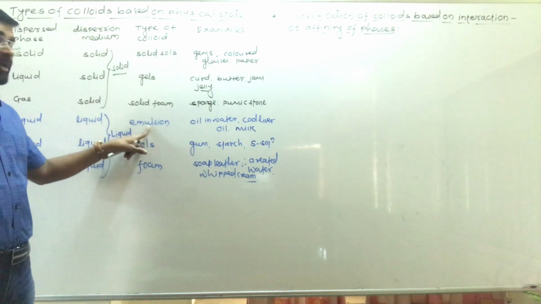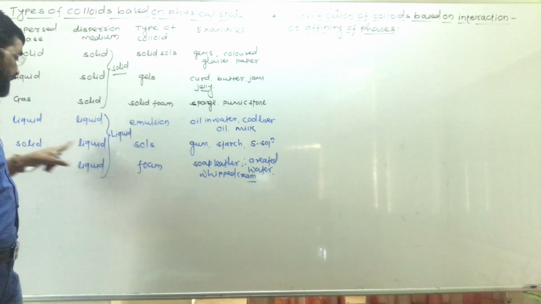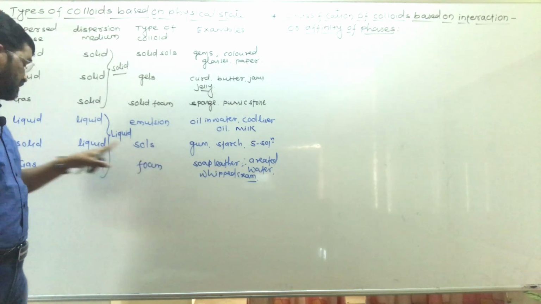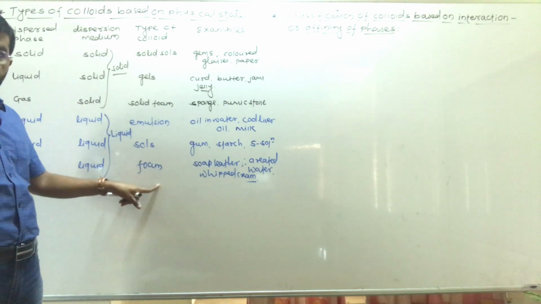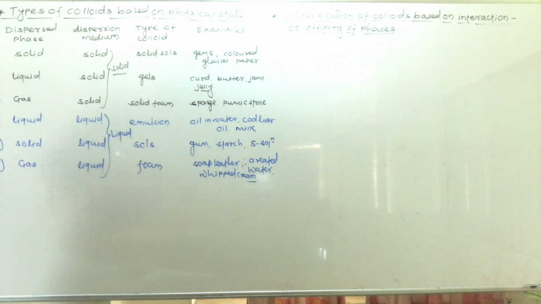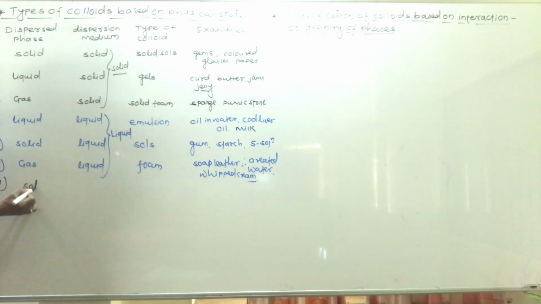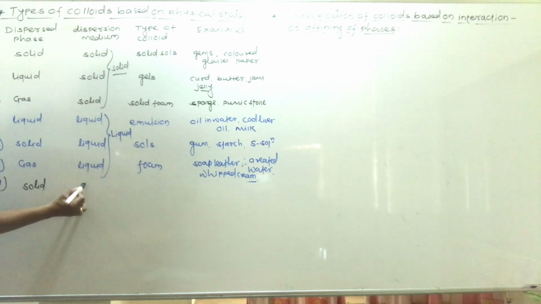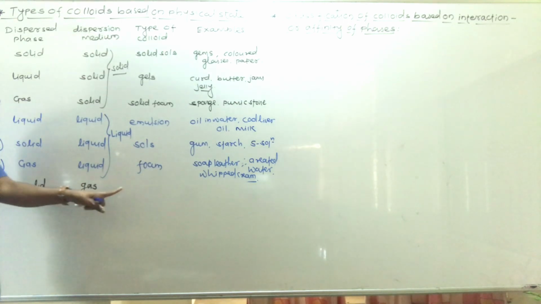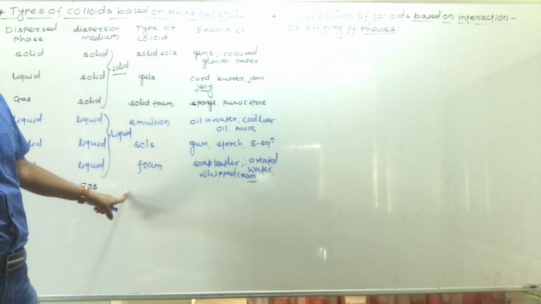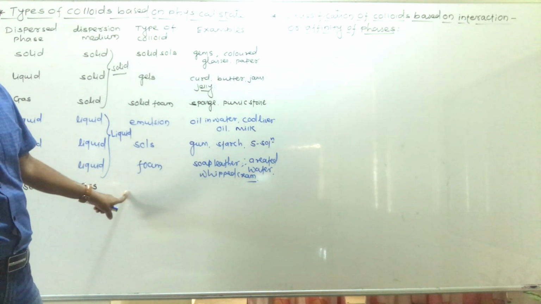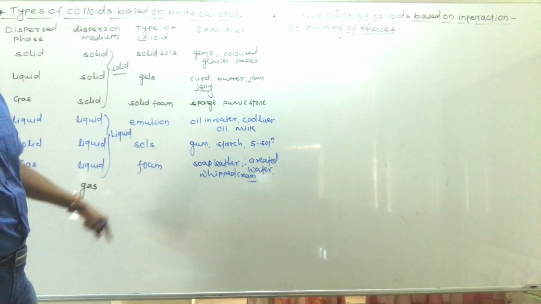Liquid in liquid is emulsion, solid in liquid is sol, gas in liquid is foam. Next, another two types of solutions are there: solid in gas. They are called solid aerosols.